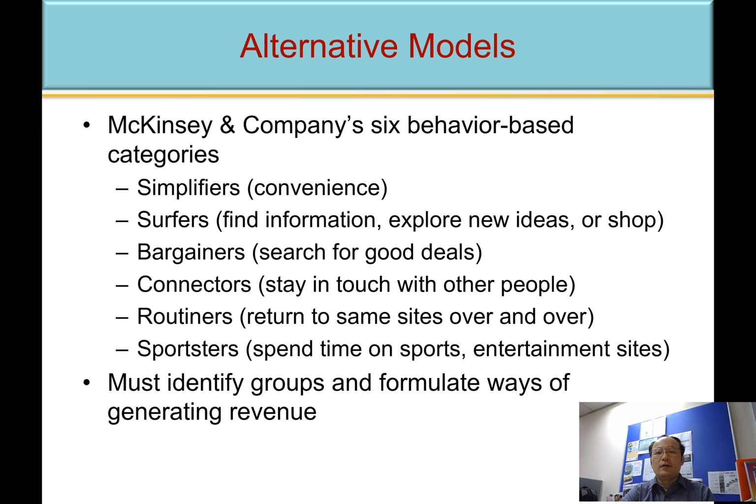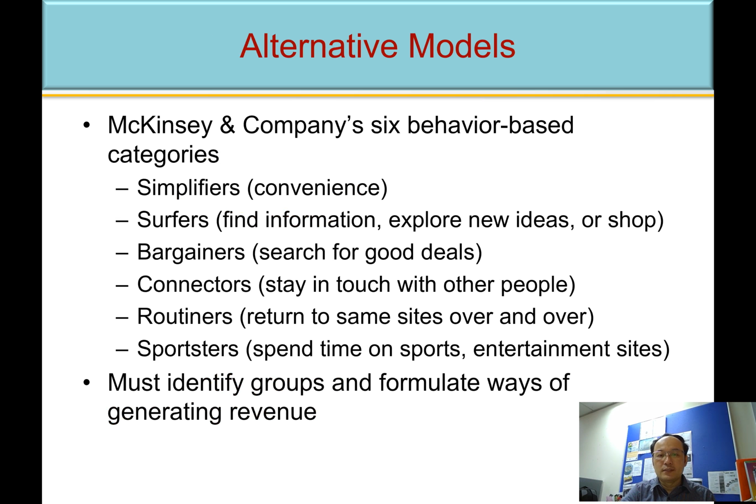So now we look at the alternative models for online purchase, right? There is a model from McKinsey and Company that has 6 behavior-based categories to look at online purchase behavior. Number 1 is simplifiers: convenience. Surfers: find information, explore new ideas, or shop.